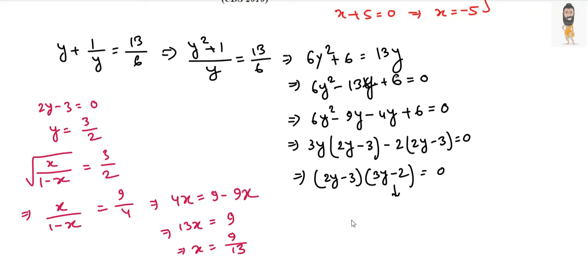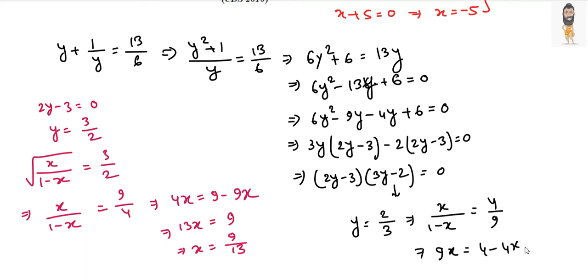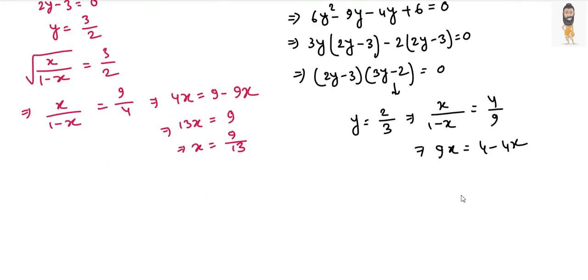y should be 2 upon 3. It means x upon 1 minus x equals 4 upon 9. So 9x equals 4 minus 4x, so 13x equals 4. So the value of x becomes 4 upon 13.